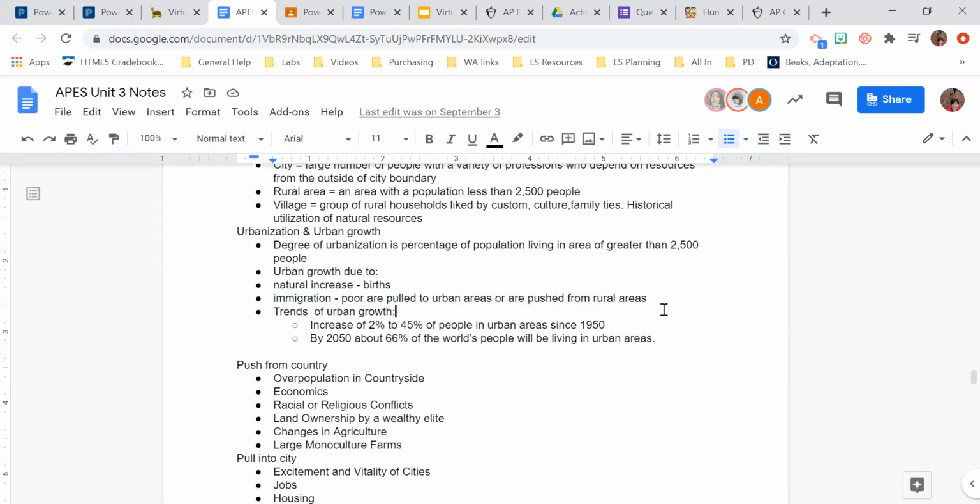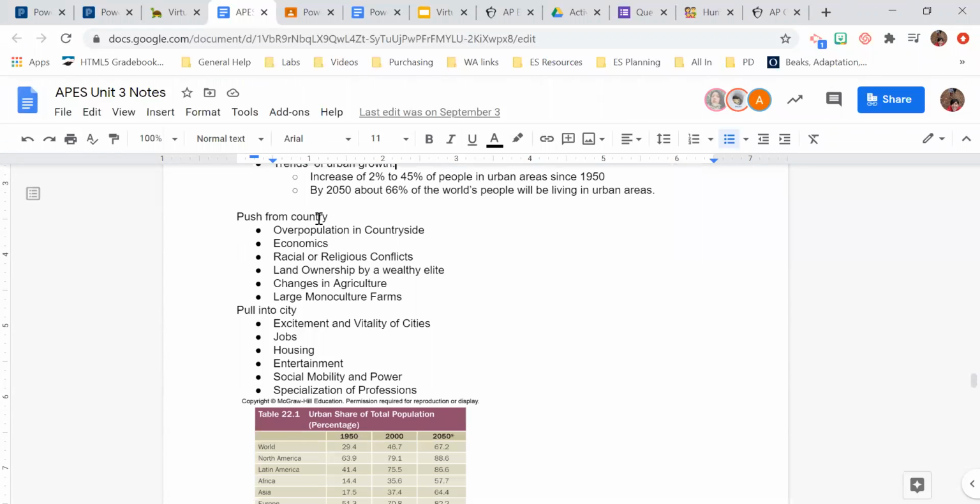And this pull and this push comes for a couple of reasons. We're going to talk about some of those. Just in general, we have had an increase from 2% to 45% of people living in urban areas since 1950. And by 2050, we expect about two-thirds of the world's population to be living in urban areas. So it seems like cities are going to continue getting bigger and making up more of the population.